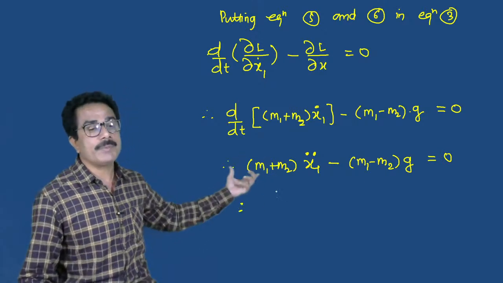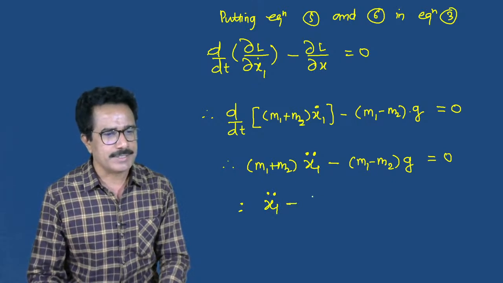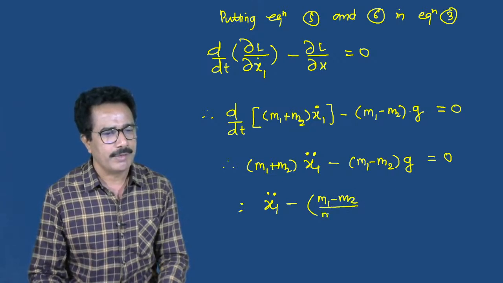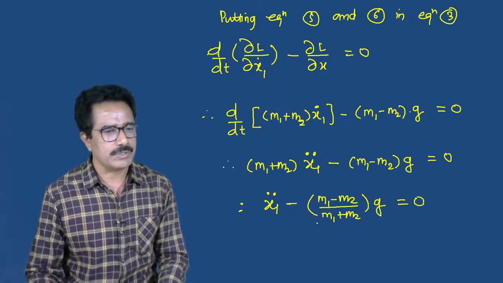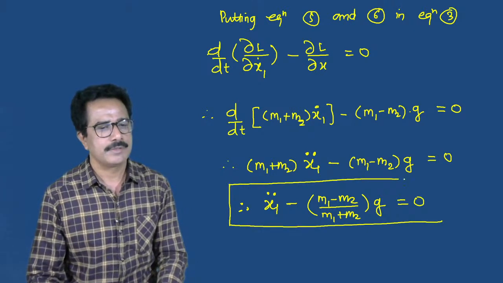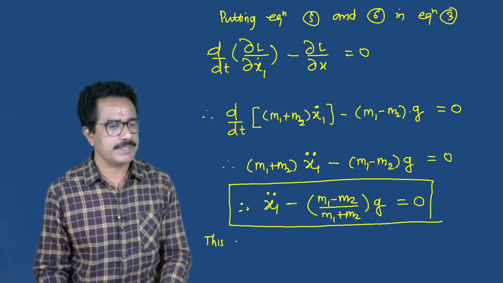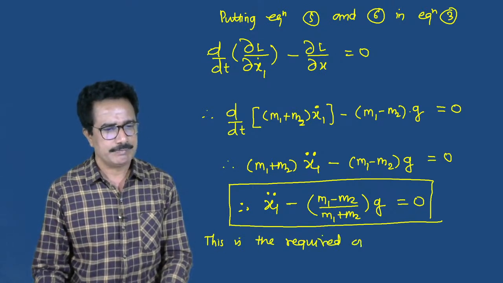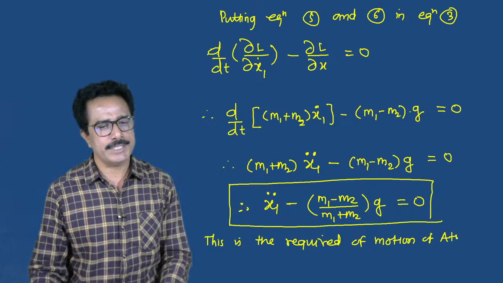Now dividing by (m1 plus m2) on both sides, x1 double dot minus (m1 minus m2) divided by (m1 plus m2) into g is equal to 0. This is the required equation of motion of the Atwood machine.